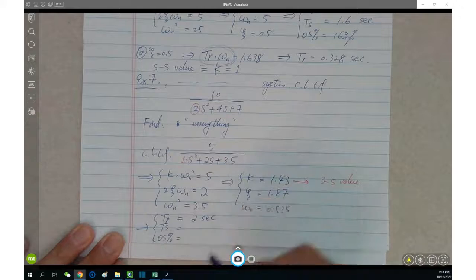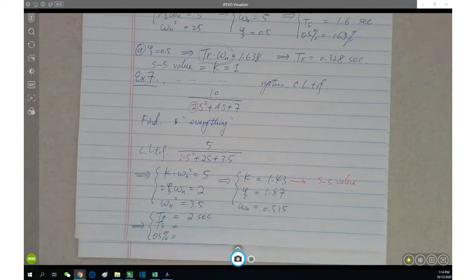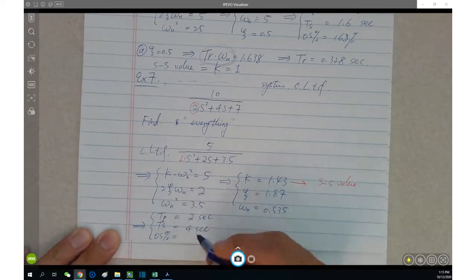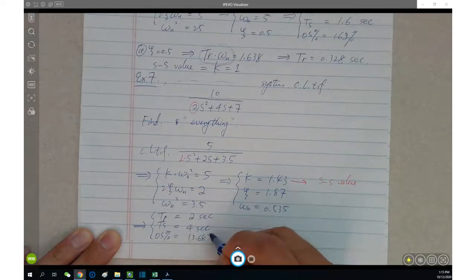Yeah, Kevin is right. Just 2 seconds, 1.898, just 2 seconds. And TS, what do we get? Yes, it is 4 seconds. Overshoot 13.68.